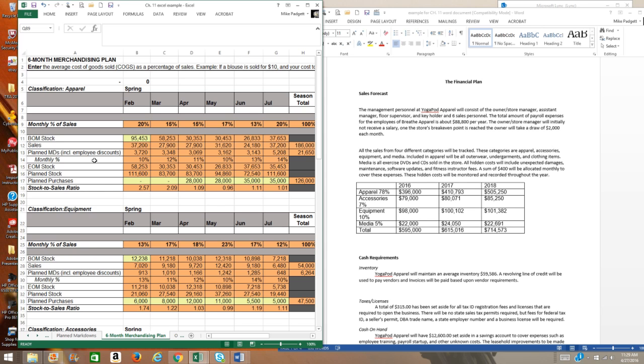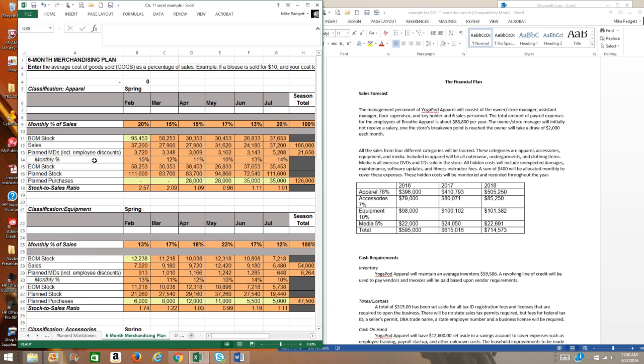So what you would do to figure this is take your 55,000 and times it by the 2.225, and that'll give you $122,375. That's how much your inventory is at retail. And then if you times that by 0.78, that gives you the number you'd fill in for your beginning of the month stock.